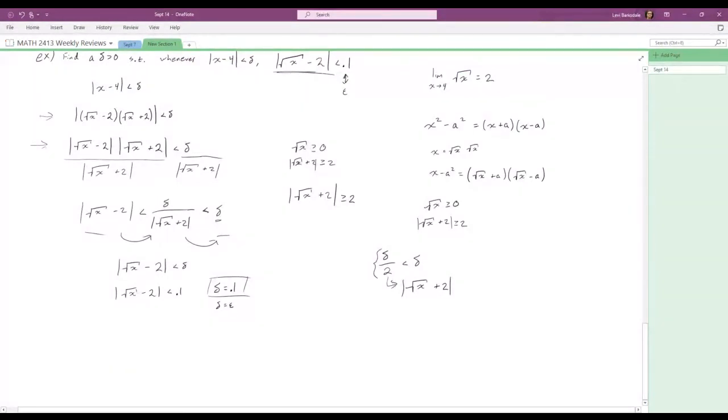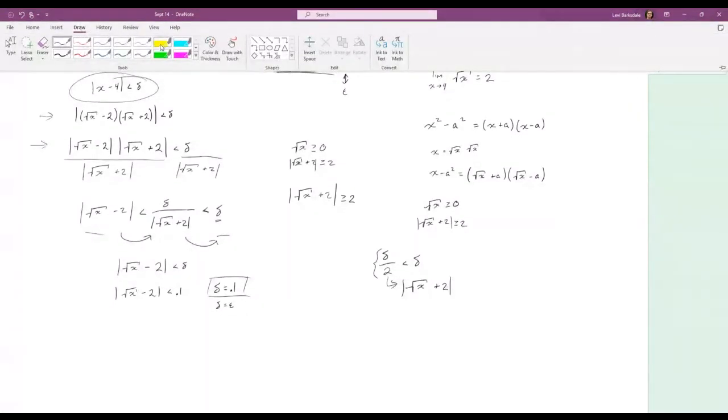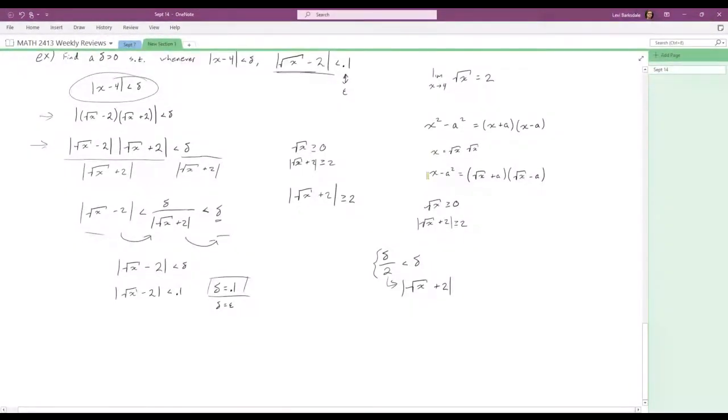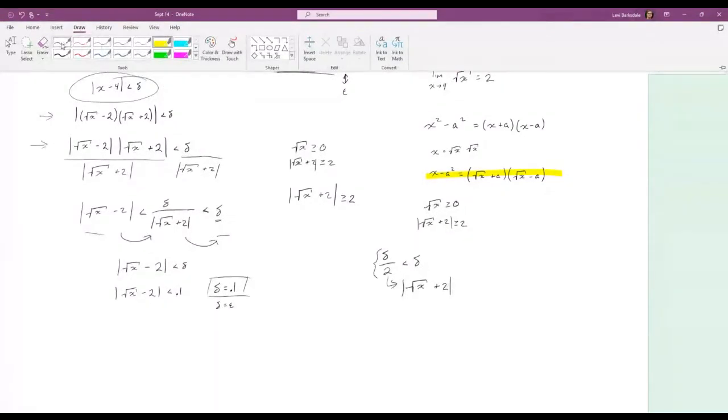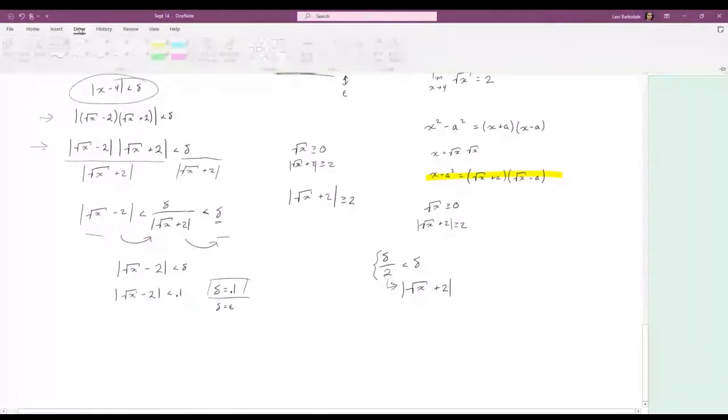In general, yes, except in this problem, I decided to start with the delta equation because I noticed that if I factored it using my difference of squares, if you look over here, well, then it would get me at least half of my epsilon equation, half of what I'm looking for.